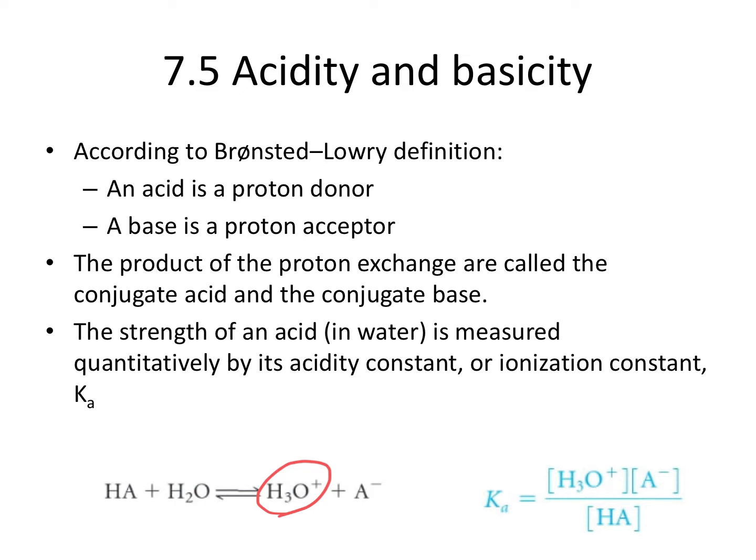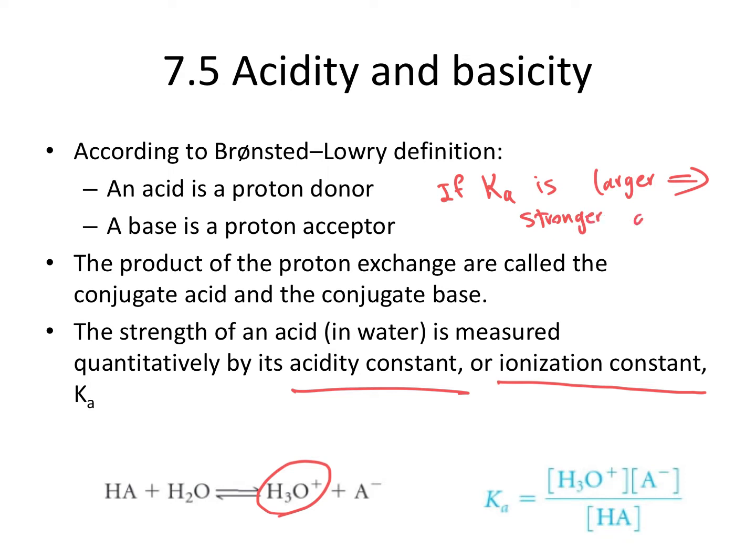Ionization. Exactly. We had the ionization constant or acidity constant. And when this value is larger, if Ka is larger, it means we have a stronger acid. Because as your friend mentioned, it means that this acid dissociates more in water.